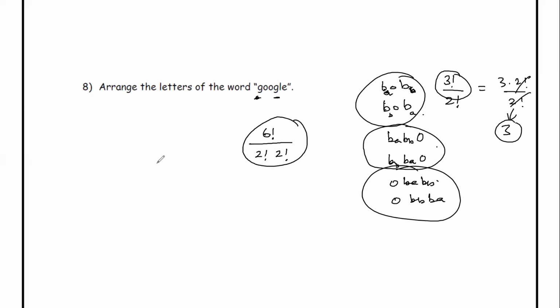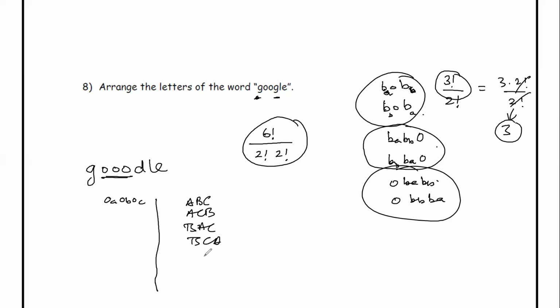Let's take another example, where it is Goodle, with three O's. Because of these three O's, if you were to put it as OA, OB, OC, then these three O's would repeat six times, like in the previous video where I explained ABC, ACB, BAC, BCA, CAB, CBA.